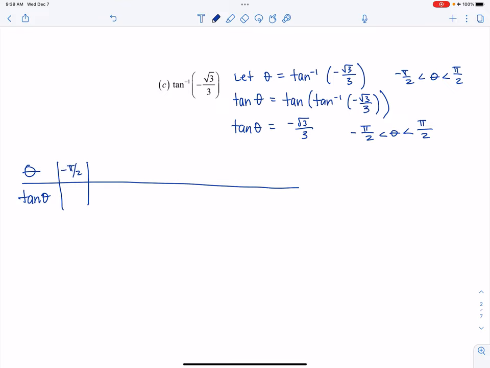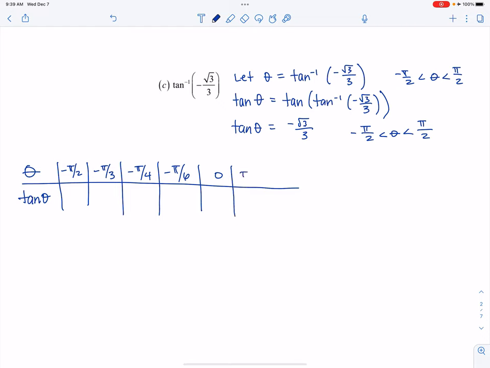Negative pi over 2, then we'll do negative pi over 3, negative pi over 4, negative pi over 6, 0, and then we'll swap to positive pi over 6, positive pi over 4, pi over 3, pi over 2.